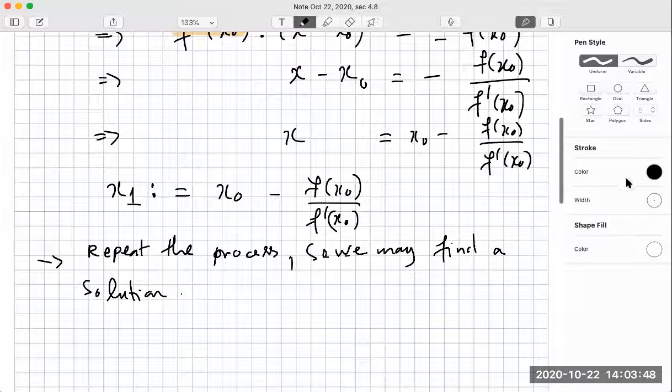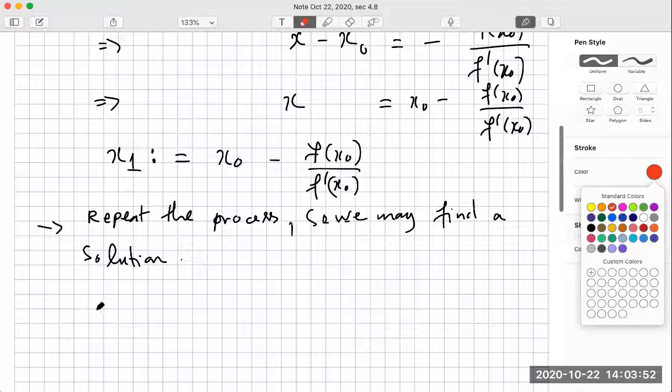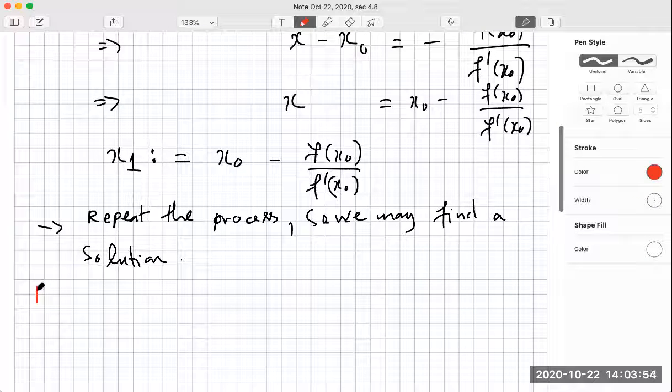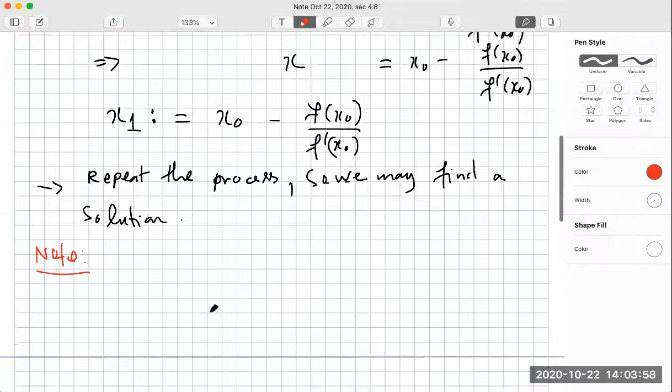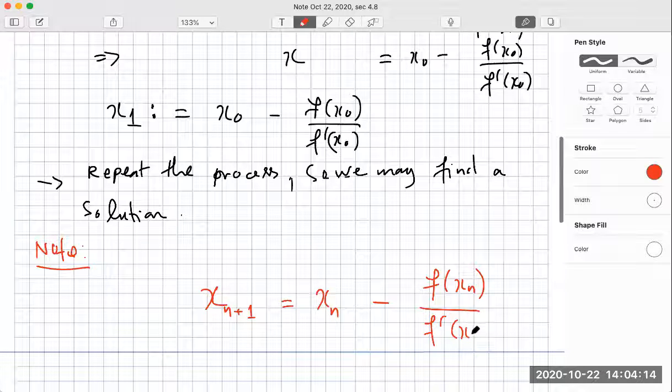Or in general, we have that x of the next step, n plus 1, is x of the previous step, xn, minus f of xn divided by f prime of xn here.